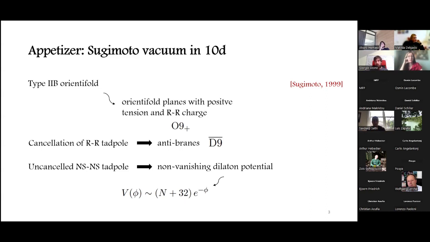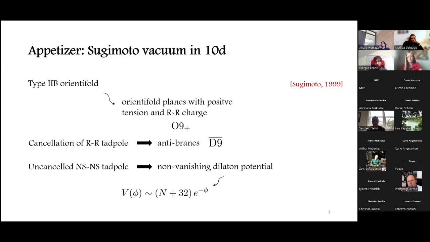These objects, the O9 planes and anti-D9 branes, are BPS objects, but preserve different sets of supercharges, and therefore supersymmetry is broken. A hint of the fact that supersymmetry is actually broken in this model is given by the uncancelled Neveu-Schwarz tadpole, which encodes the tension of the Orientifold planes and the anti-D9 branes, which are both positive and therefore cannot be cancelled against each other.